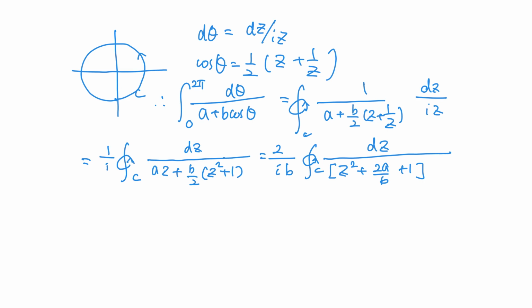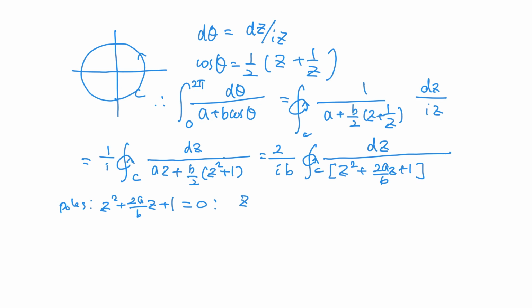So the location of the poles can be found by setting the denominator equal to 0. So it's a middle school problem, right?